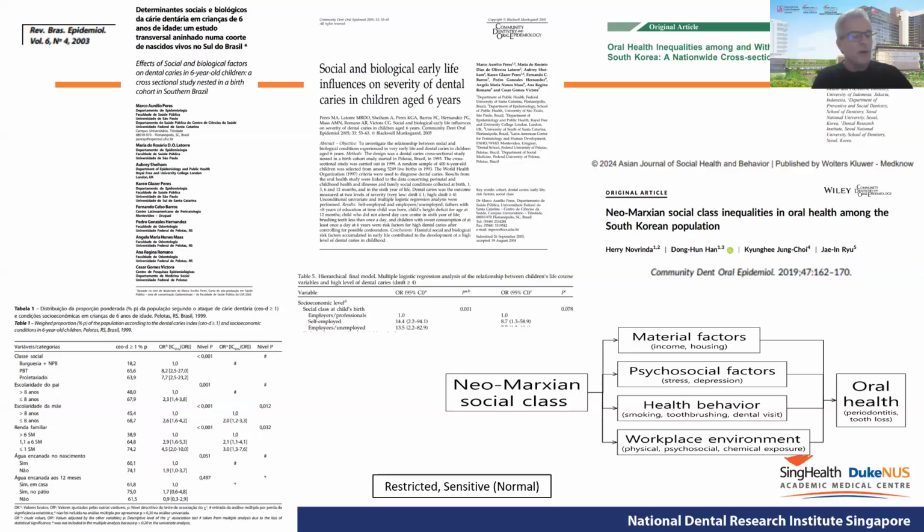One example, which you can see on the left side of this slide, is my PhD thesis, published more than 20 years ago in the Brazilian Journal of Epidemiology. I applied the classification proposed by Victora and colleagues that I mentioned in the previous slides to examine the impact of social class on the occurrence of dental caries in childhood. I have an interesting fact to share.